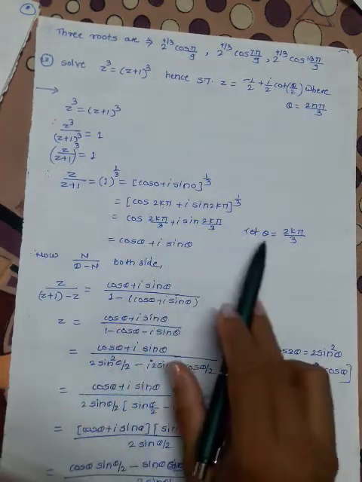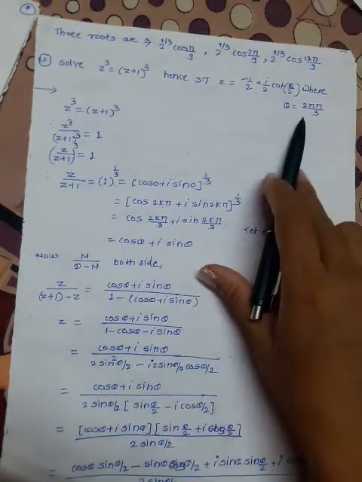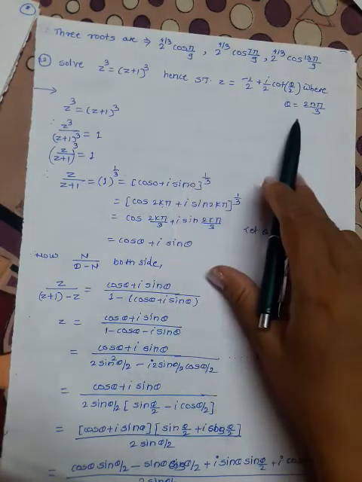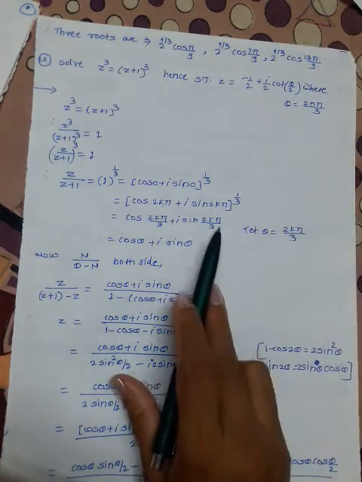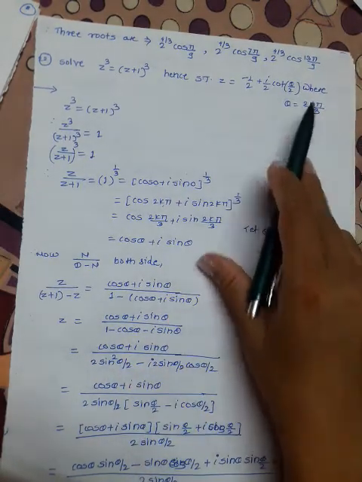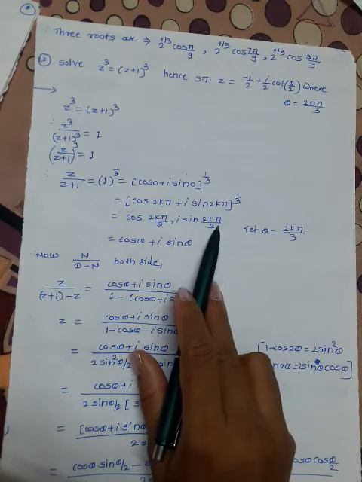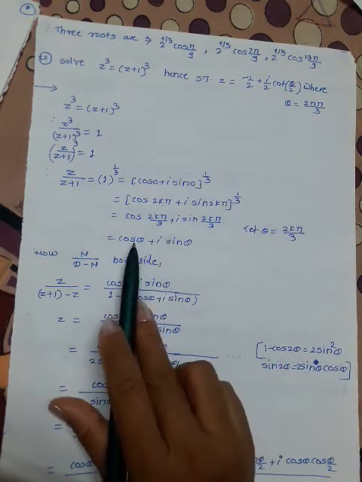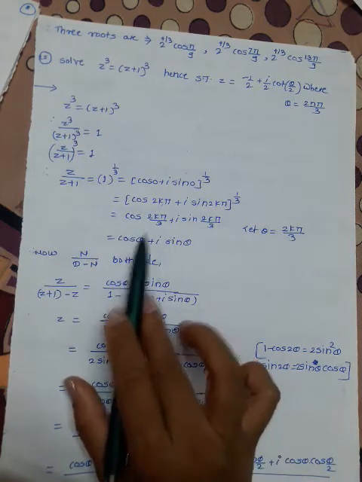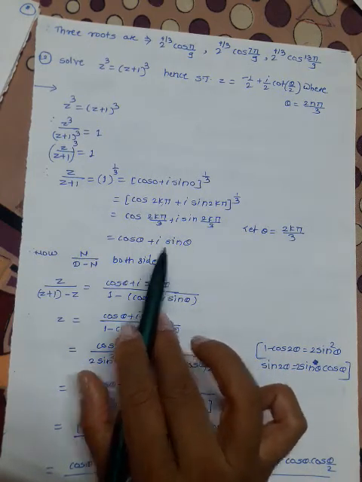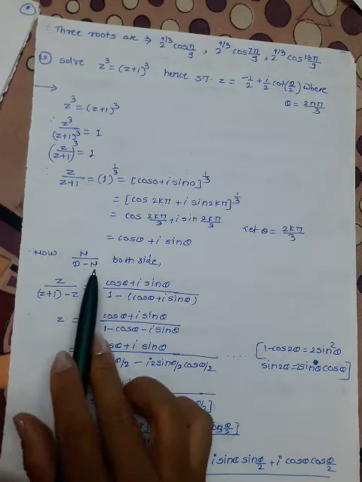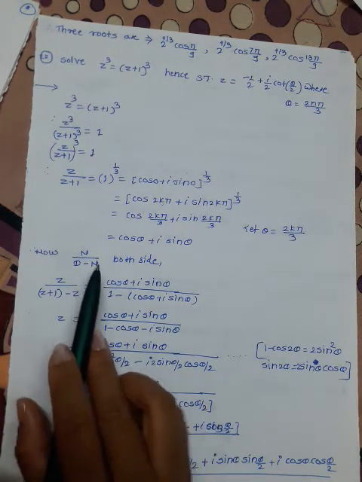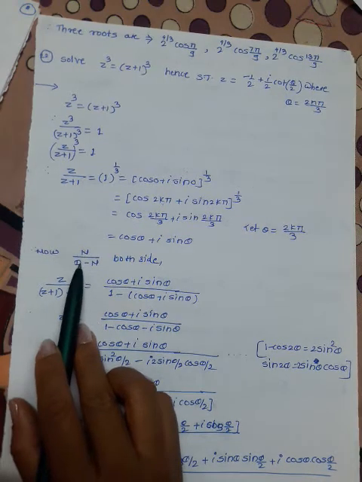As per the notation given in the example, 2k pi instead of n, here we have k, that doesn't matter. Let theta be equal to 2k pi by 3, we take this for our convenience only, cos theta plus i sin theta. Now one more process we have to do, that is n for numerator, d for denominator.